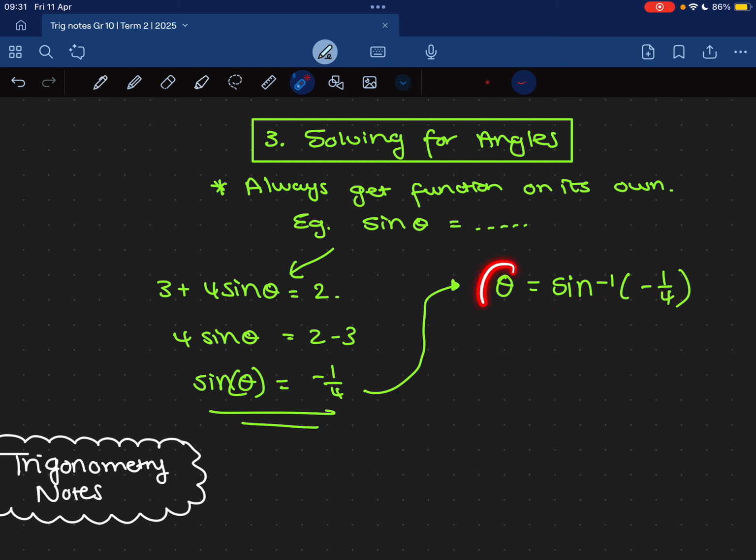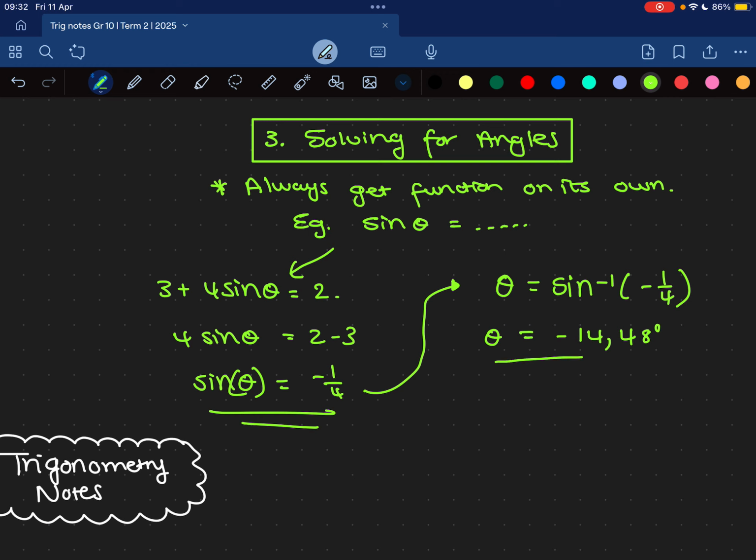Okay, we're trying to solve for this particular angle. So if you move this function to the other side, you have to arc sine it. No dividing or multiplying, you arc sine, or shift sine, it. On your calculator, you would just say arc sine of negative 1 over 4, and you would get theta to be equal to negative 14.48 degrees.